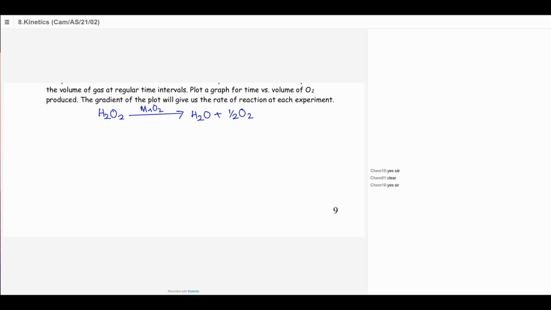So this is the apparatus set up for the experiment. This is the hydrogen peroxide. You can collect the gas in a graduated gas syringe.